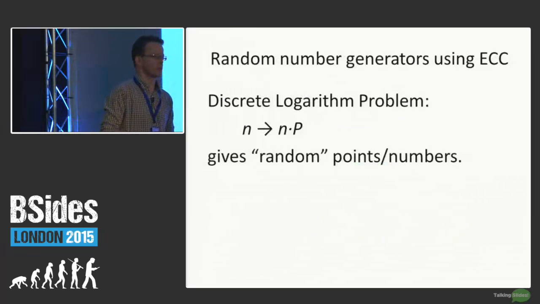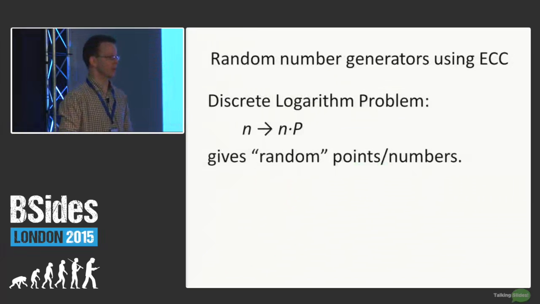I mentioned the discrete logarithm problem, which means that if you have a point n times P, you can't find the number n. That's useful for random numbers, because you take the number n, say your random seed, and you take n times P, which is a new point, or number. I said we could identify points and numbers, which looks really random.